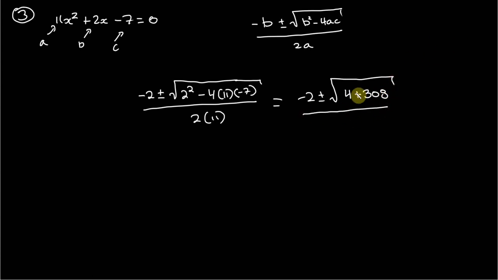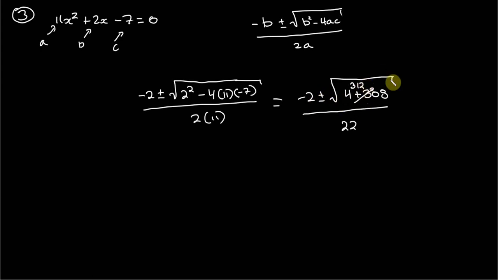We could have written that out on paper, but it saves a bit of time if I just work it out quickly. And that's going to be over 2 times 11, which is 22. So 4 plus 308 gives us 312. So it's negative 2 plus minus the root of 312 over 22.